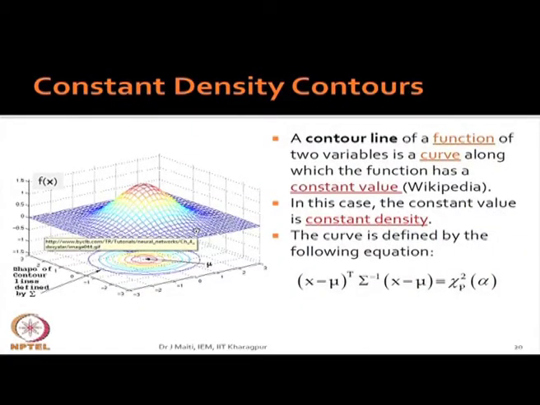From the floor of the hill, the bottom of the hill, you are going up, and after a certain height you make a cross section. Suppose this is my floor, this is the height. So this is the density, you are making a cross section there. It need not be a function of two variables, it can be a function of many variables, and ultimately our case is multiple variables only.